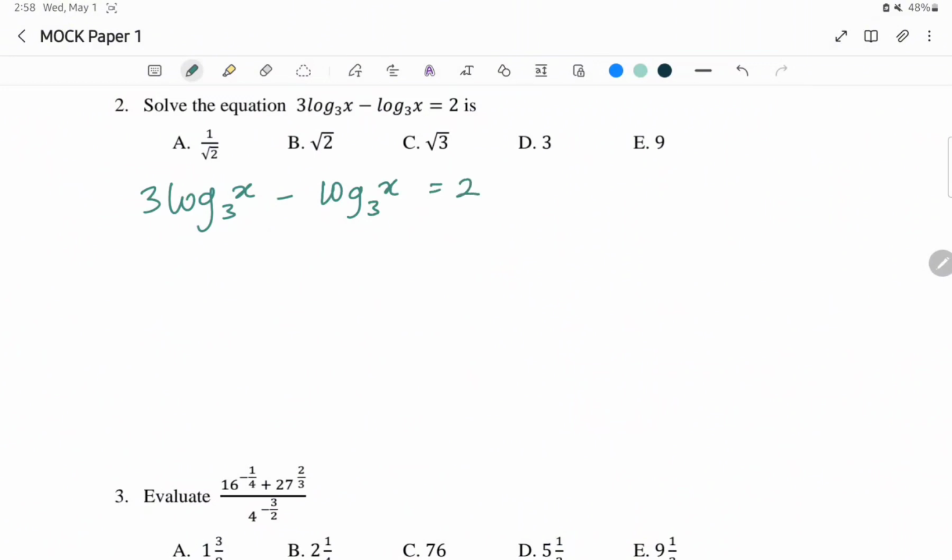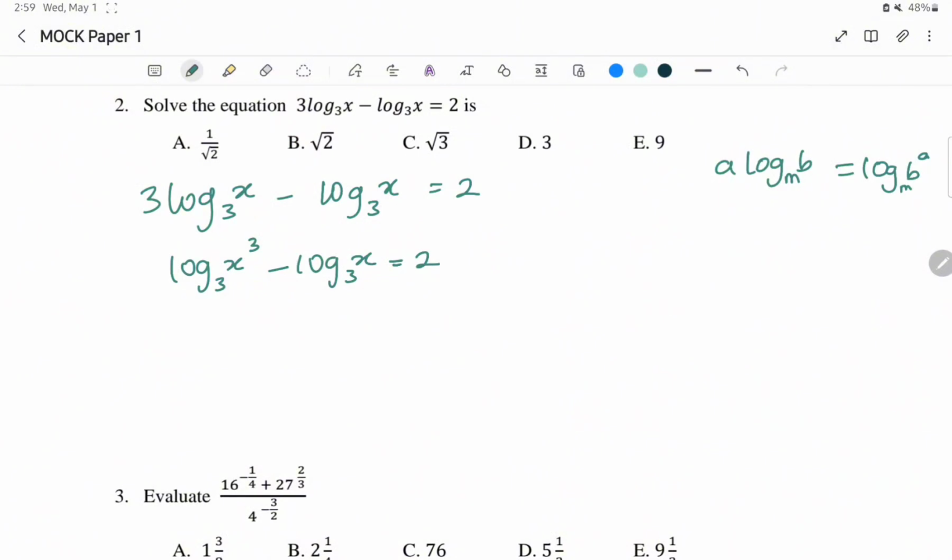Well, if we remember the rule of logarithm that says that a log of m base b is the same thing as log of m raised to power a base b, which means this 3 that is before the logarithm is the power of x. So we have log x base 3 raised to power 3 minus log x base 3 equals 2.